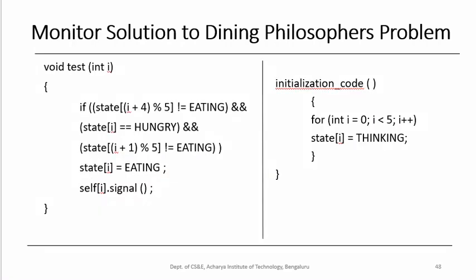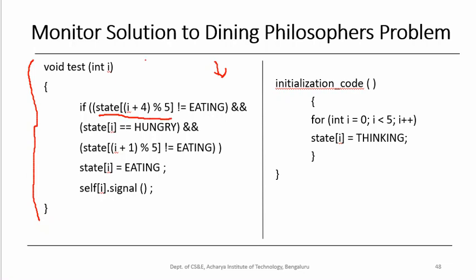Okay, now you see an interesting procedure that is also present in the monitor, which checks whether the chopsticks that a philosopher is trying to get are available or not. Now I told you why I plus 4 modulus 5. This is to get the neighbor.